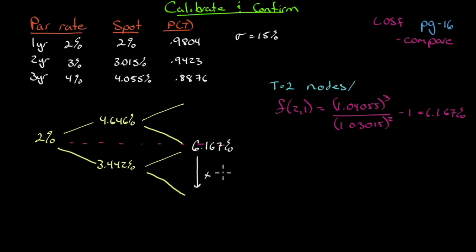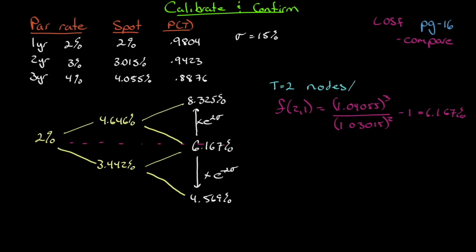Then we're going to multiply it by e to the negative 2 sigma, and multiply this by e to the 2 sigma. So our best guess down here will be 4.569, and up here we'll get 8.325. And there we go.